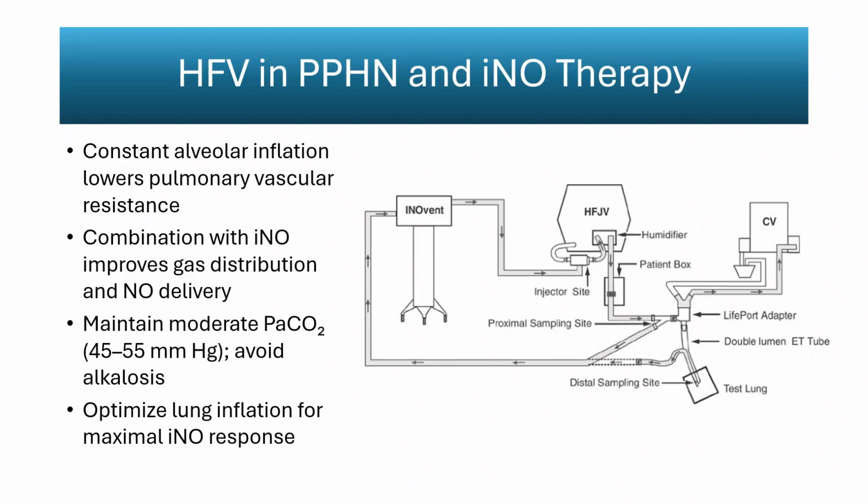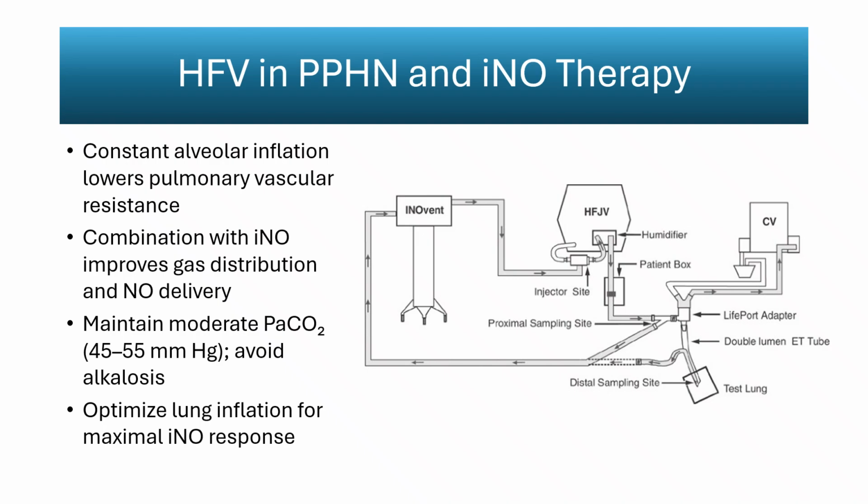Persistent pulmonary hypertension of the newborn results from sustained elevation of pulmonary vascular resistance and right-to-left shunting across fetal circulatory pathways. High-frequency ventilation and inhaled nitric oxide complement each other by stabilizing lung inflation, improving oxygen transfer, and promoting selective pulmonary vasodilation.